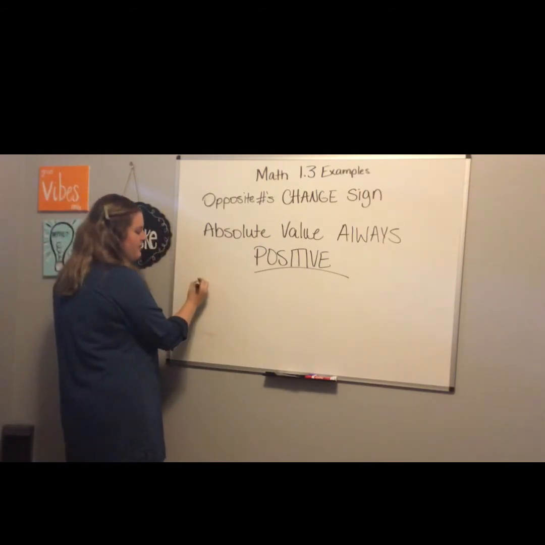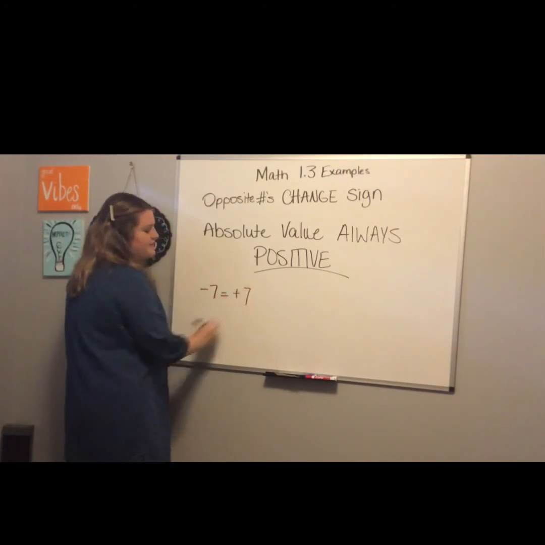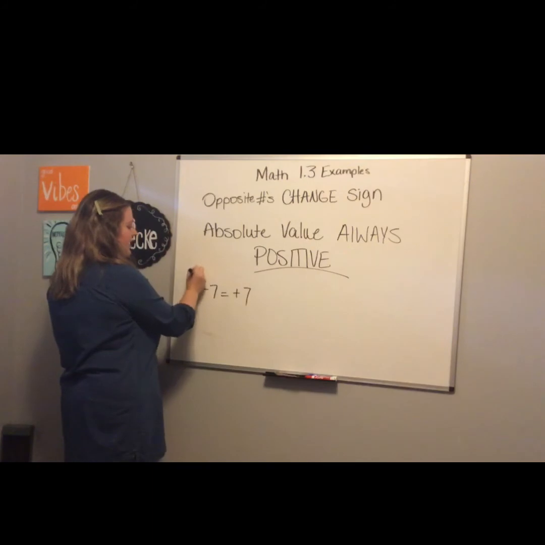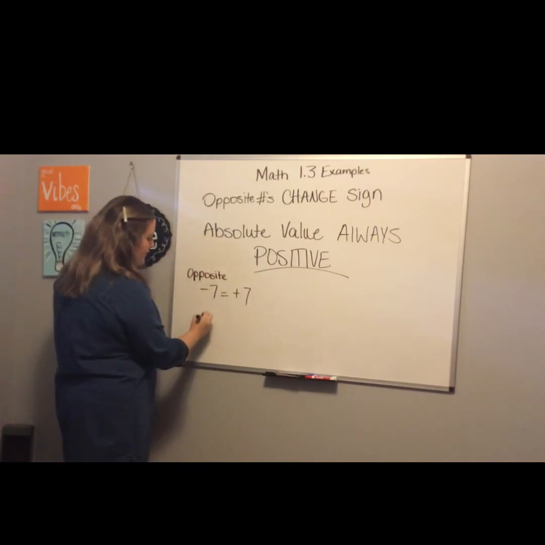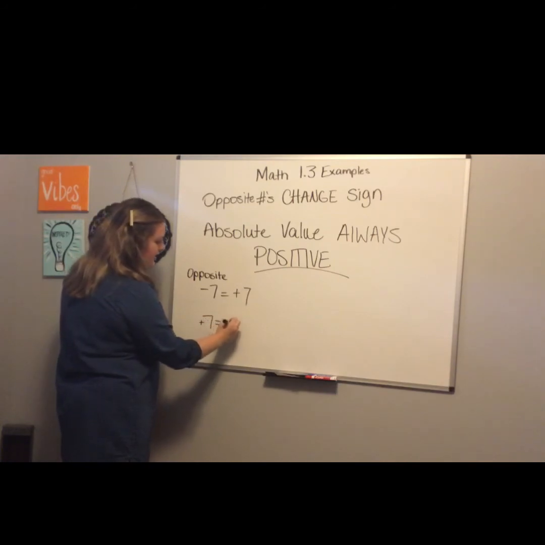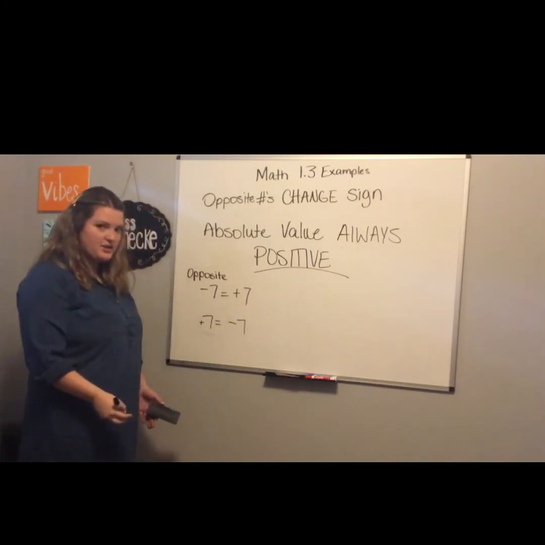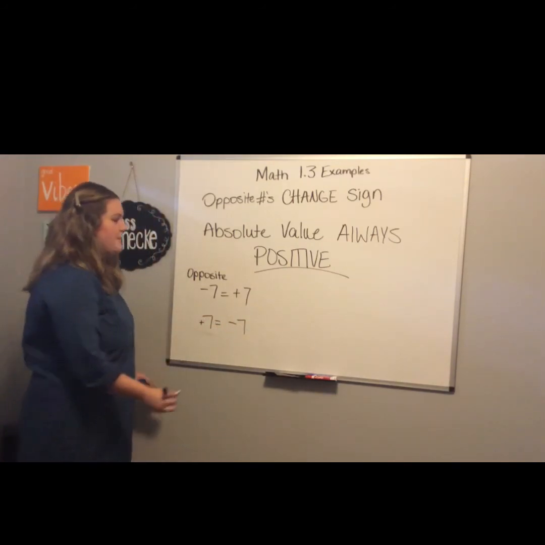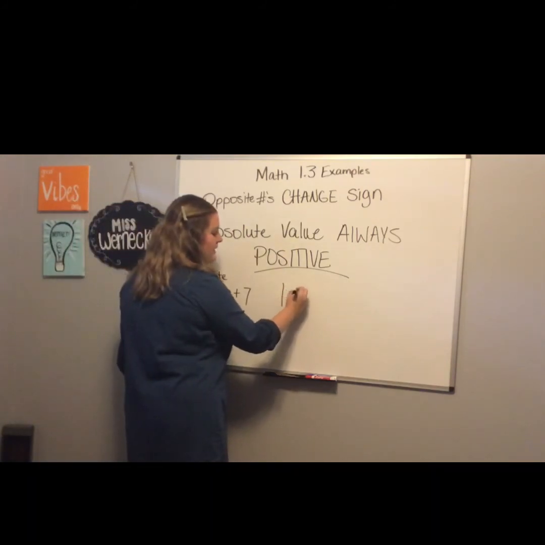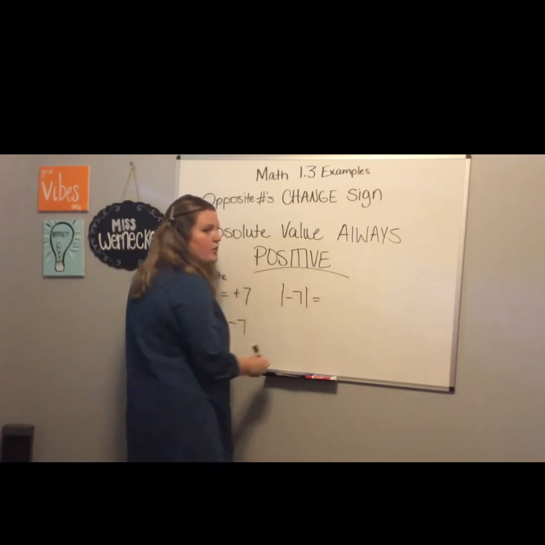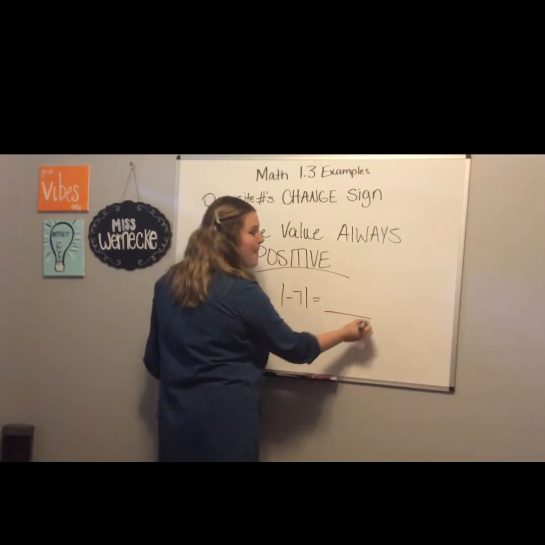So if I'm asking for the opposite of negative 7, that's going to be a positive 7. Just like if I'm looking for the opposite of positive 7, it equals negative 7. But if I'm looking for the absolute value of negative 7, it's going to be always positive.